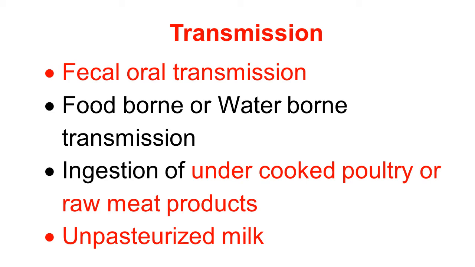It is transmitted through foodborne or waterborne infection, very common. Poultry is a good source of transmission. Ingestion of undercooked poultry or any raw meat product may harbor the infection. Unpasteurized milk is also a good source of infection and causes diarrhea in animals and human beings.